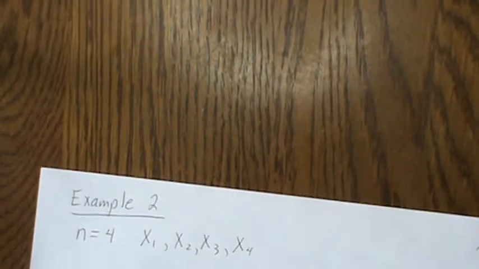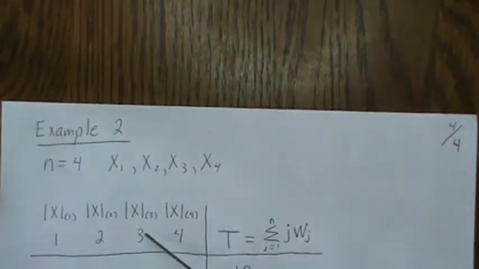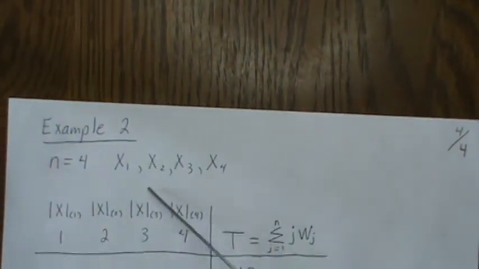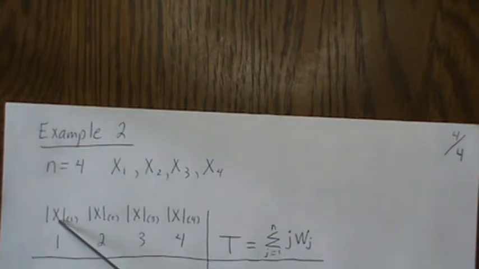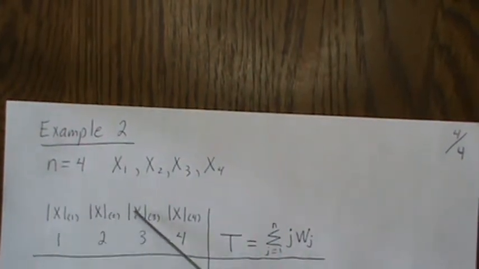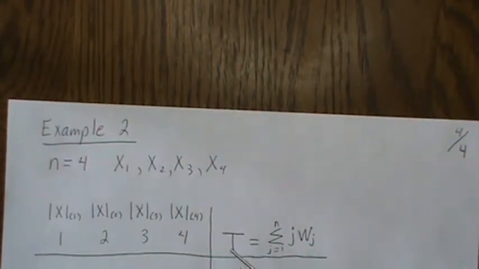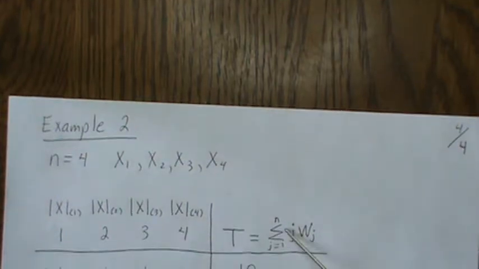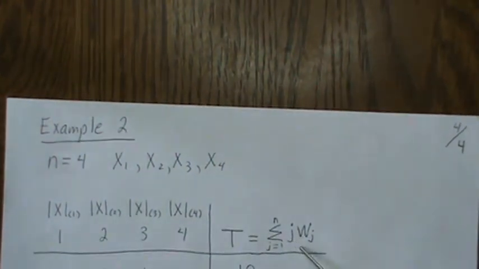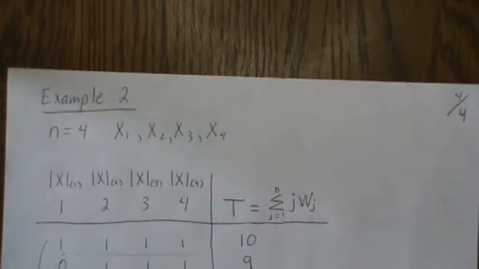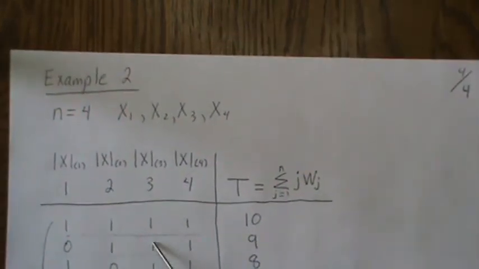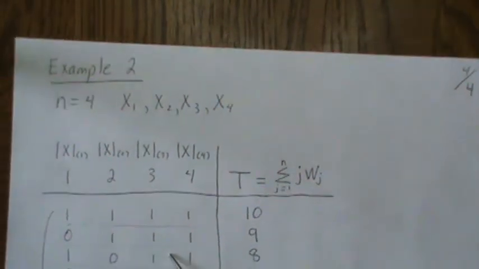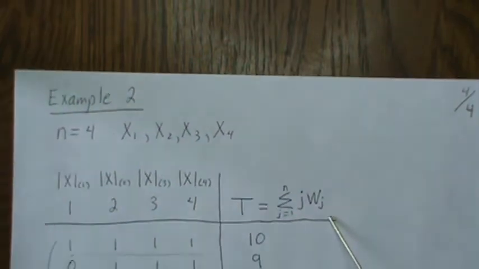We'll do one more, and then I'm going to illustrate this in R. So if we have 4 values and we rank them, rank the absolute value. So this is the smallest absolute value, second, third, fourth. And then our test statistic is again this sum. So we're going to let the indicators here be the Wj.